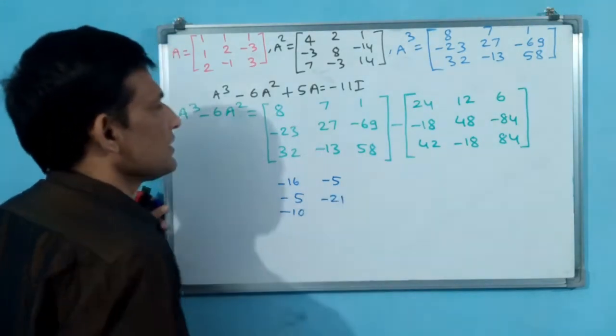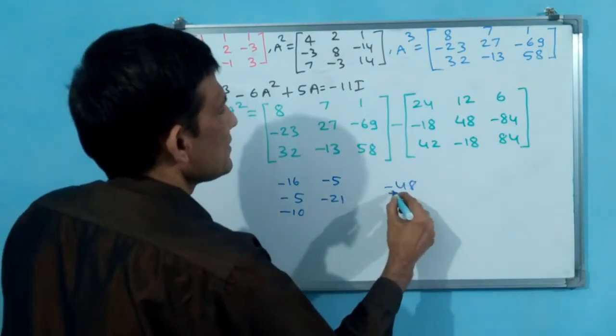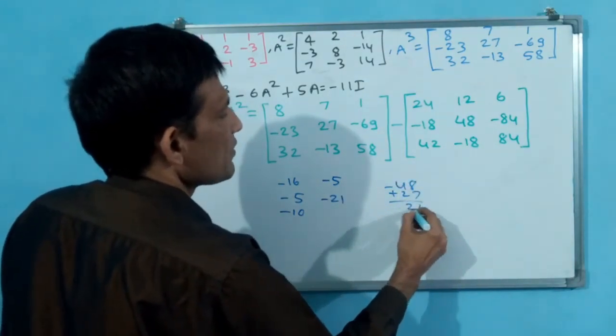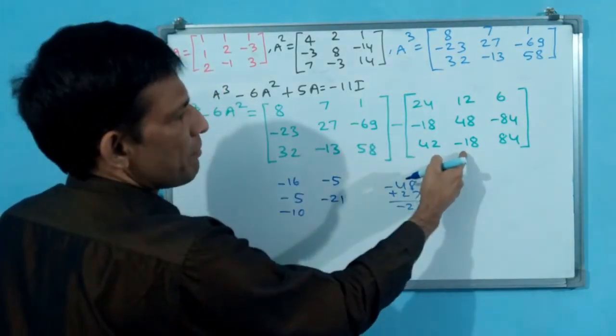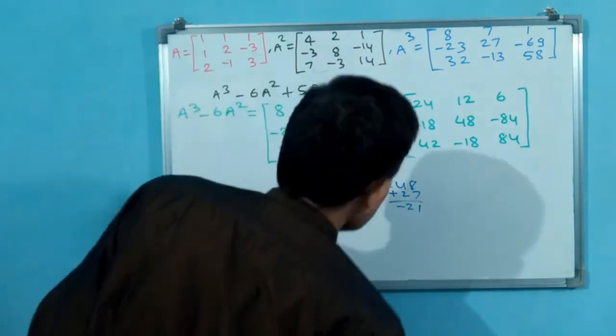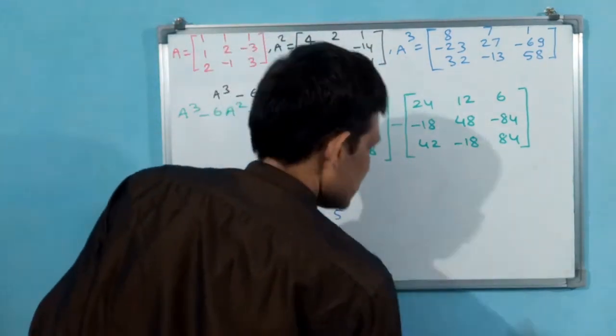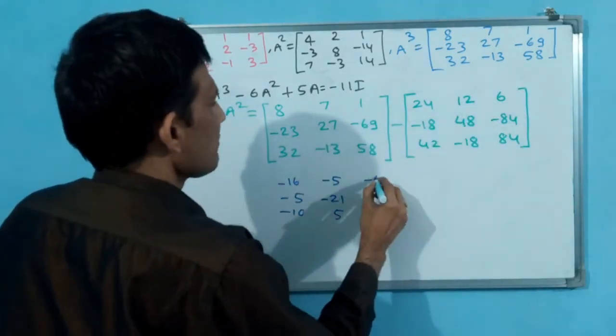Is it okay? First you see. Minus 48 plus 27, minus 21. Okay. Minus 13 plus 18, 18 minus 13, 5. Okay. Now you see 1 minus 6, minus 5.